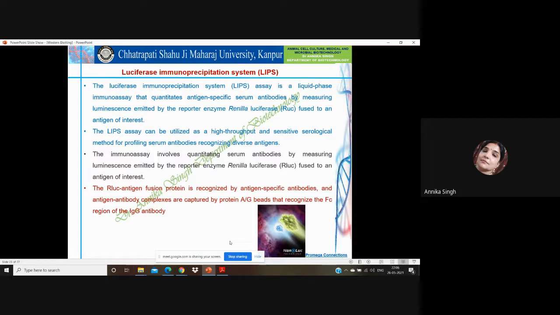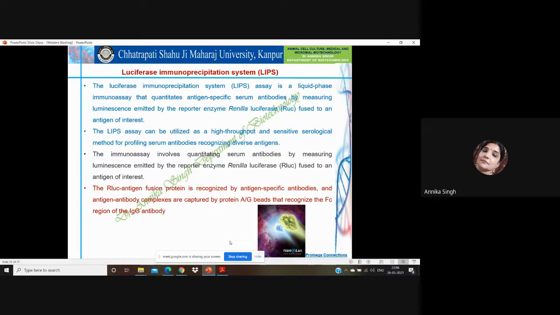This Renilla luciferase antigen fusion protein is recognized by antigen-specific antibodies, and the antigen-antibody complex is then captured by protein AG beads. Protein AG is actually a protein A and protein G fusion protein.